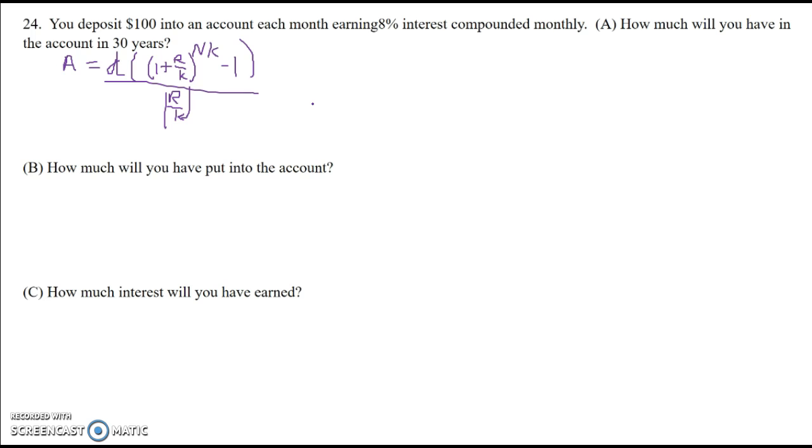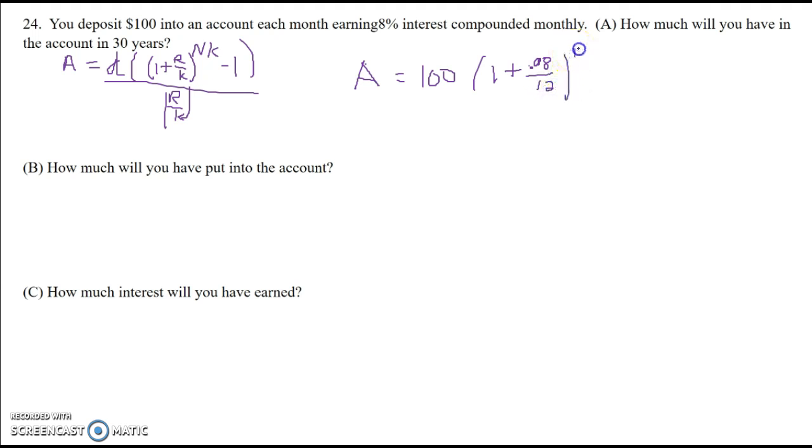So, how do I fill that out? Well, I'm going to say A. I want to know how much I'm going to have in the account, so I want to figure this out for A. So A is equal to 100, which is the amount I'm putting in each month, times 1 plus 0.08, the interest rate, over 12 months.